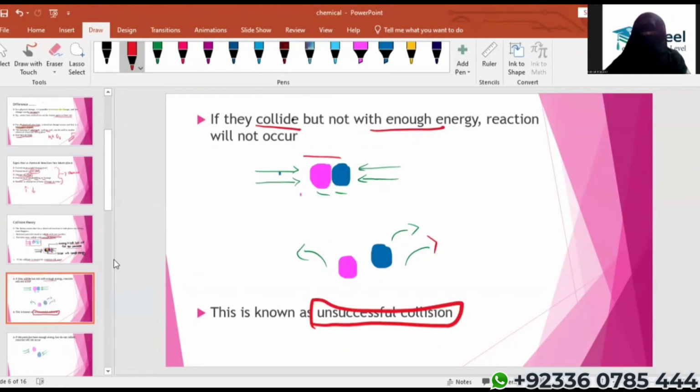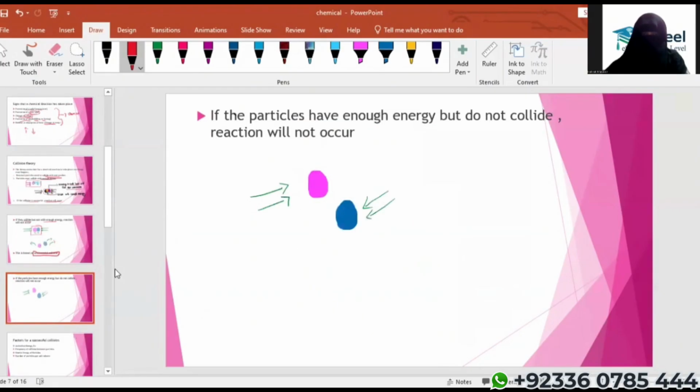As you can see, two particles are colliding but they do not have enough energy, so they will just bounce off each other. And so no reaction will take place because the collision is unsuccessful. If the particles have enough energy but they're not colliding with one another, then also the reaction will not occur.